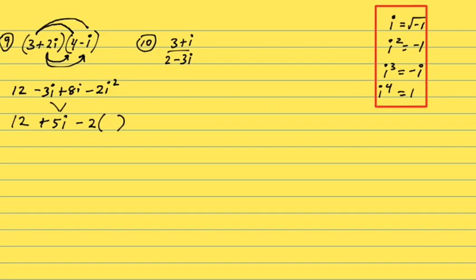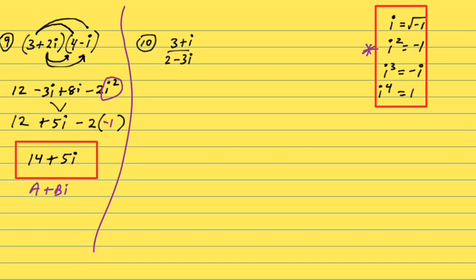But what is i squared? Well, i squared is negative 1. So that really means plus 2. So 12 plus 2 is 14, and you have your plus 5i, again in a plus bi form.